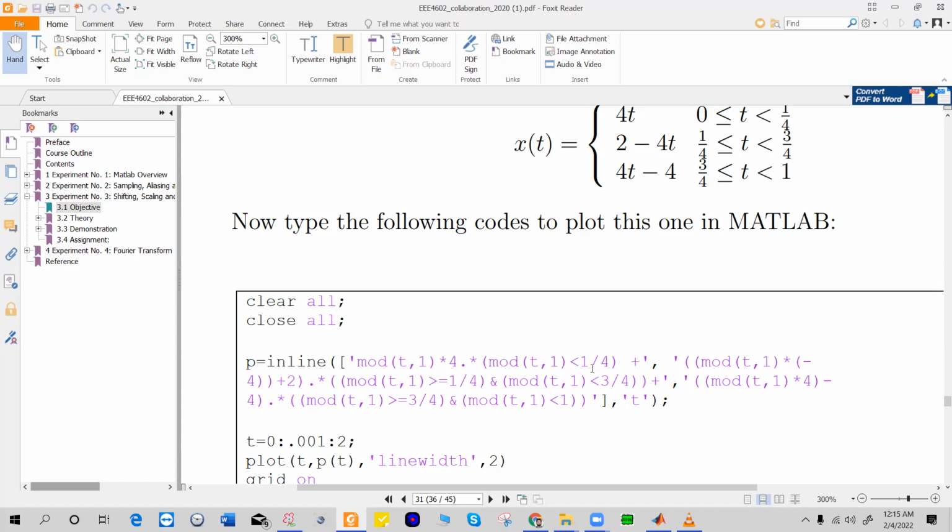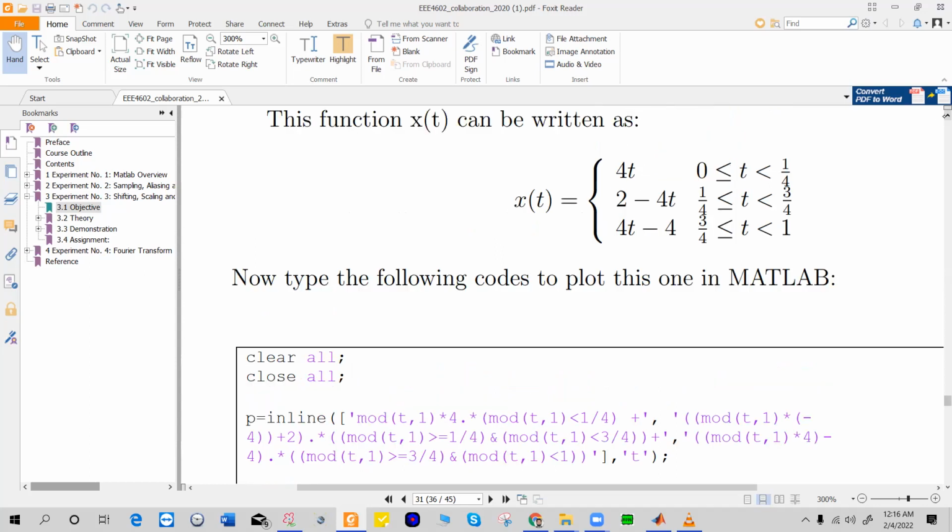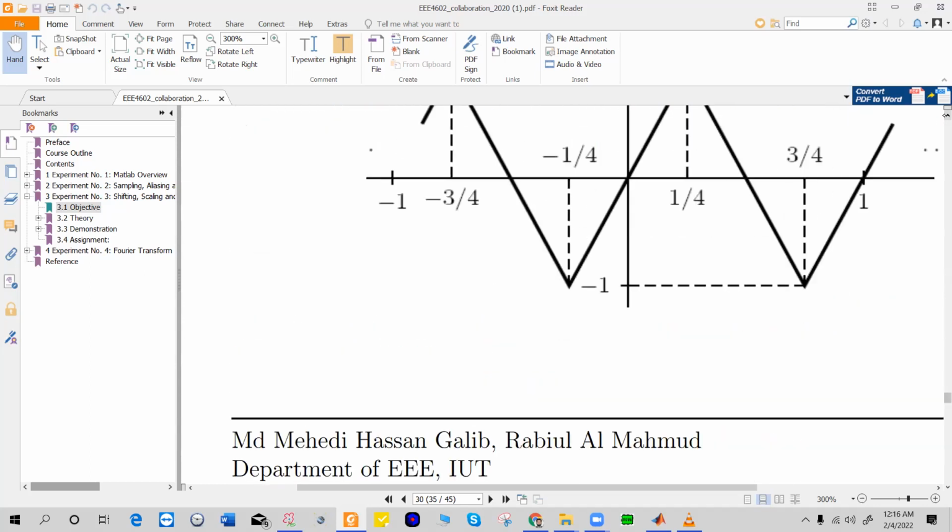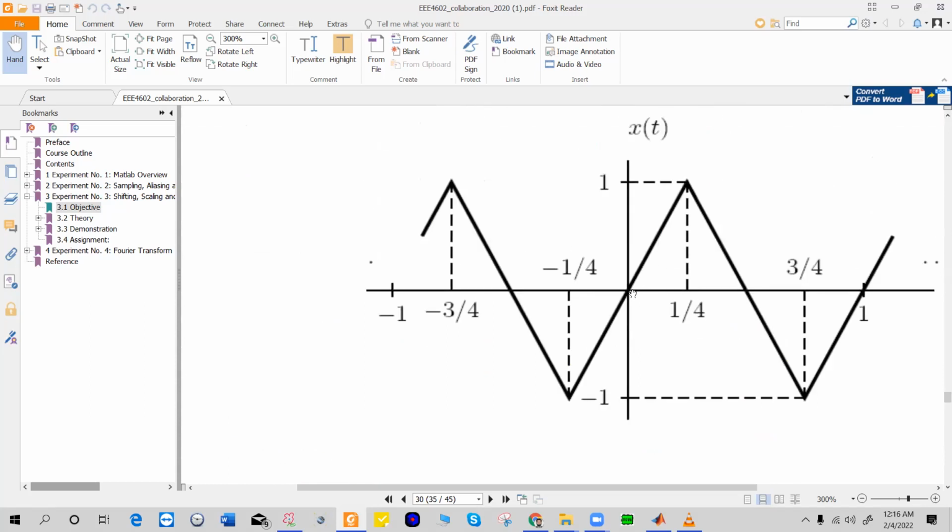Now why is this written? Mod(t,1) is less than 0.25, or this one greater than 0.25 and less than 0.75, and this one greater than 0.75 and less than 1. Why is it written? It is just ensuring that for a time t only one value will be calculated. This is your equation, and x(t) has three parts: 4t, 2 minus 4t, and then 4t minus 4.